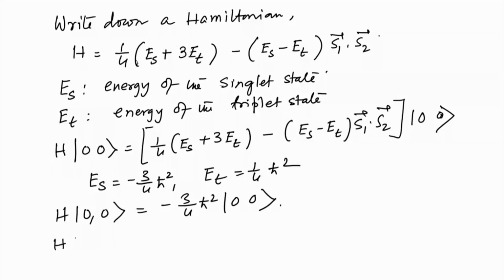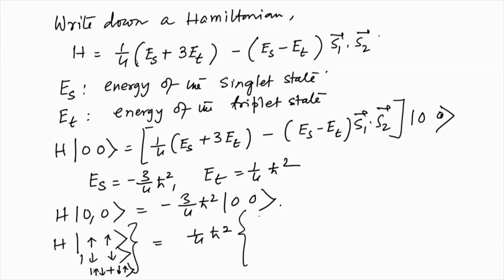Similarly, H acting on the up up state, the down down state, or up down plus down up, all those triplet states with normalization, will give me 1/4 h cross square.